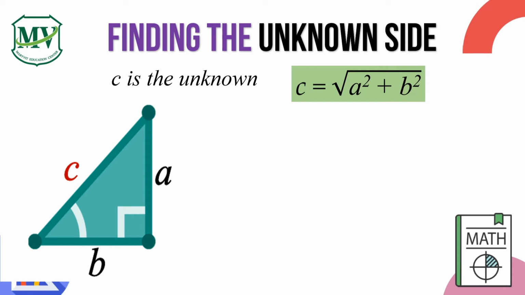For example, if A equals 24 cm, B equals 7 cm, let's find the value of C by using the formula C equals the square root of A squared plus B squared.